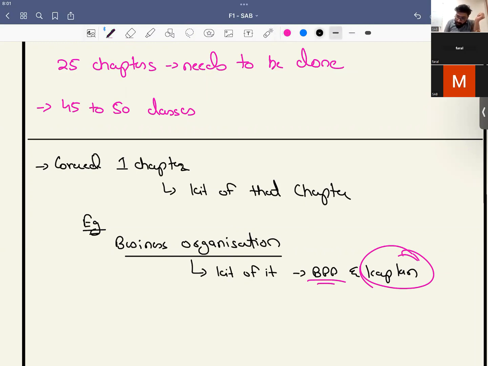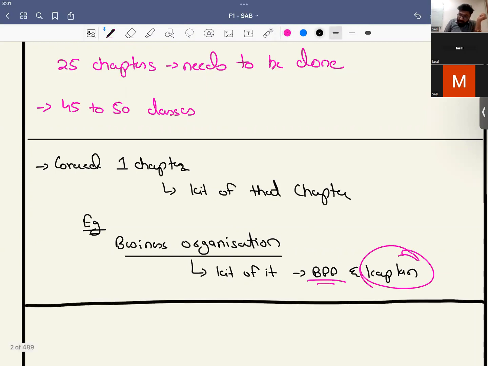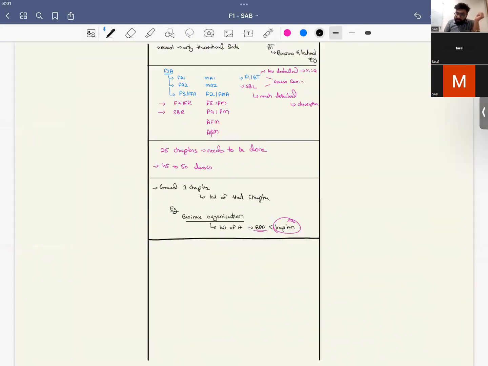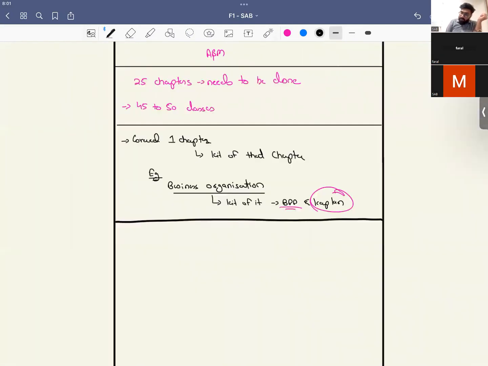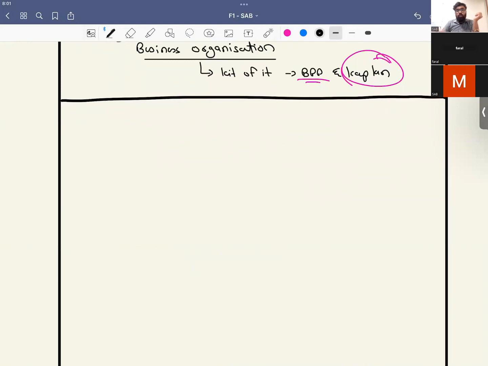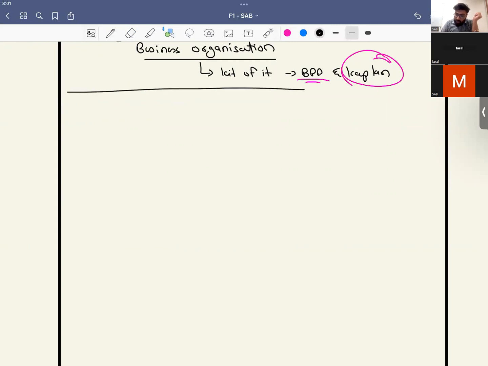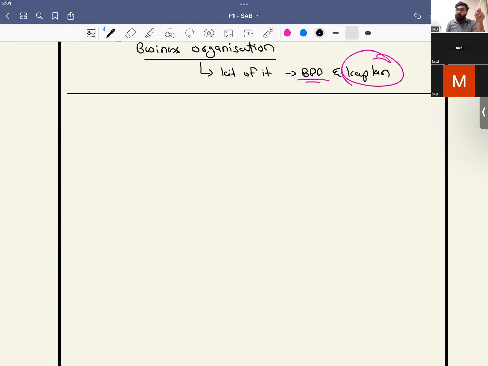Okay, sir, then what's the material required? The next thing is the material which is required, right? See, F1 is a descriptive paper which contains around 900 to 1000 pages book. I do not suggest students to buy that book.